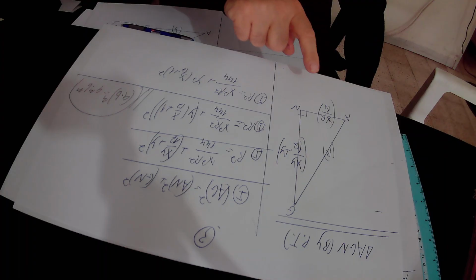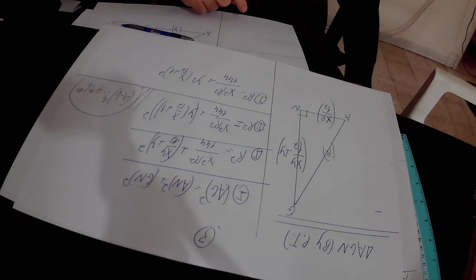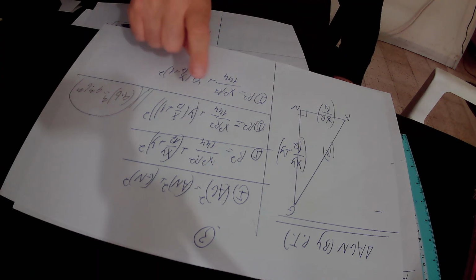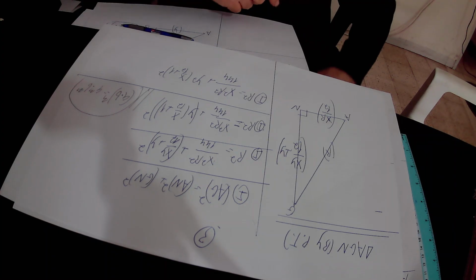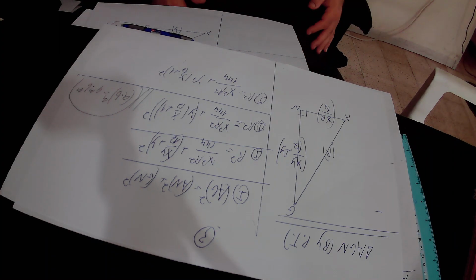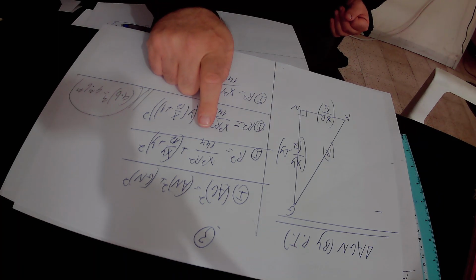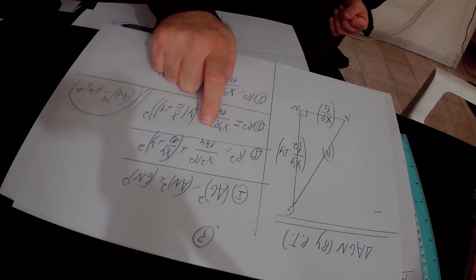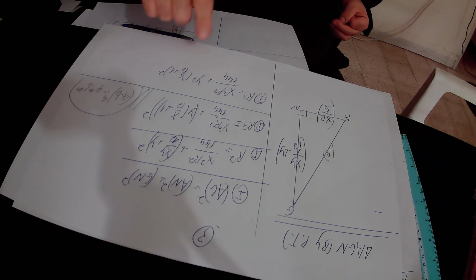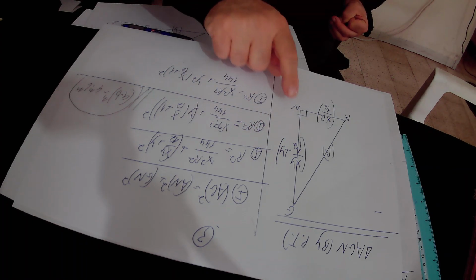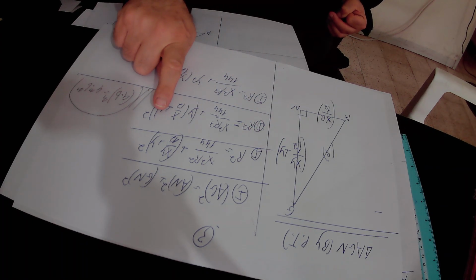AG is R, therefore AG squared is R squared, and it equals AN squared plus GN squared. AN is XR over 12, therefore AN squared equals (XR over 12) squared, that is X squared times R squared over 12 squared, that is 144. So in total, R squared equals X squared times R squared over 144 plus GN squared. GN is XY over 12 plus Y, therefore GN squared is (XY over 12 plus Y) squared.